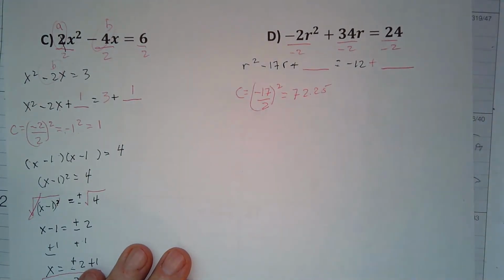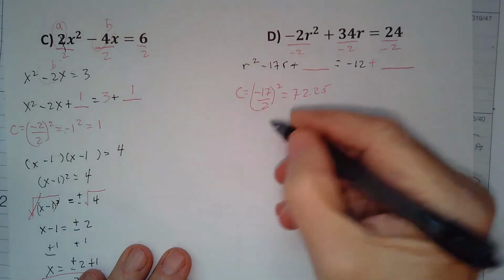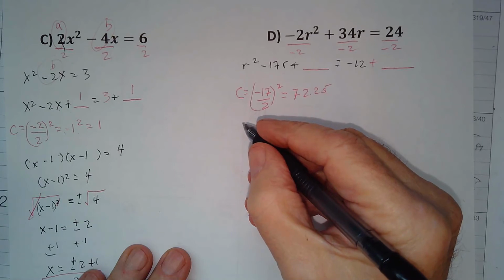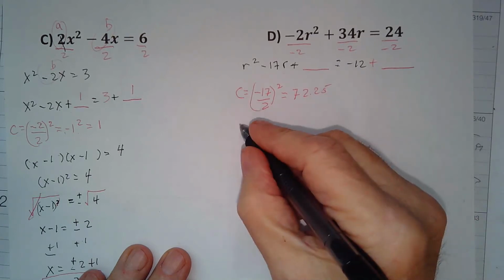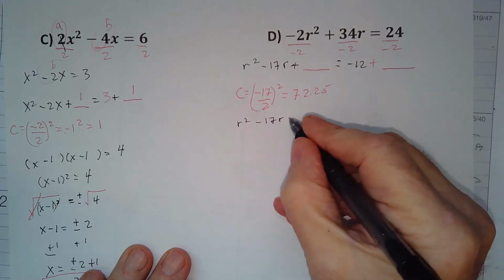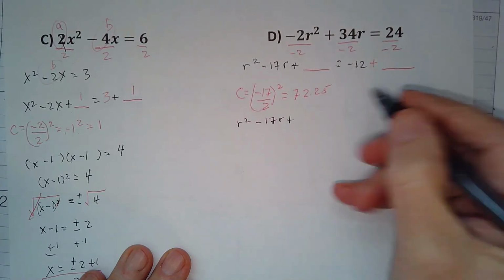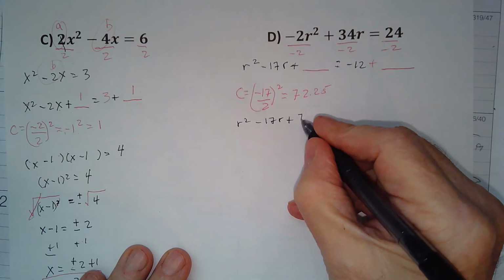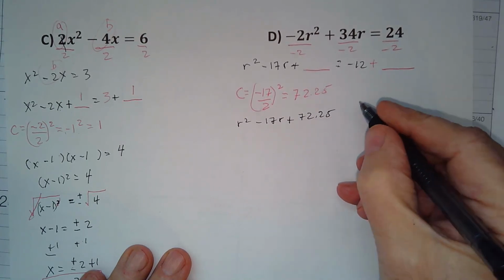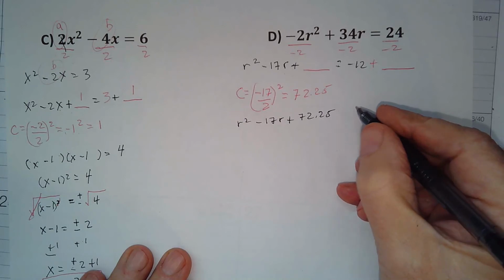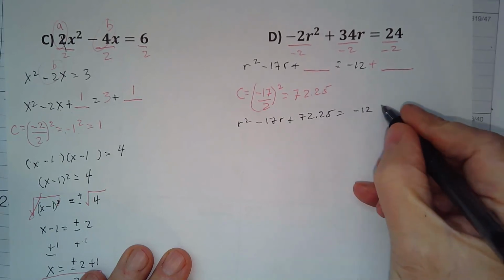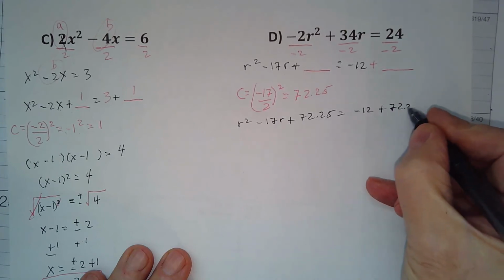So where'd my other pen go? Here we go. So we've got r squared minus 17r plus 72.25 equals negative 12 plus 72.25.